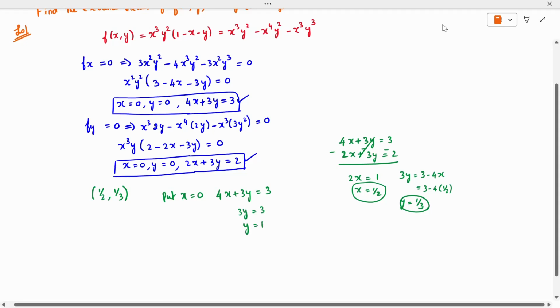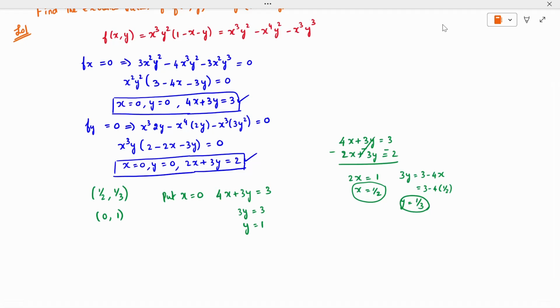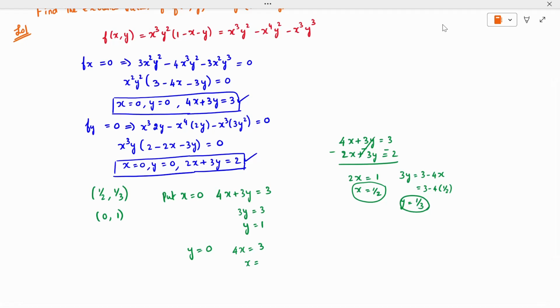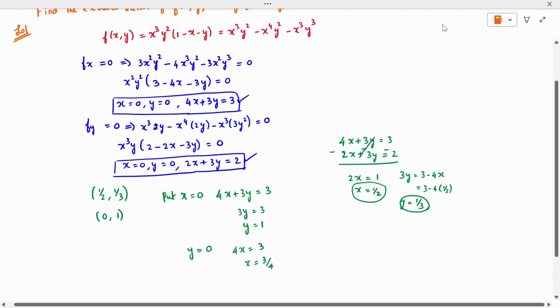So my second stationary point is (0, 1). Same way, y equal to 0 in the same equation gives 4x equal to 3, so x equal to 3 by 4. So (3/4, 0).